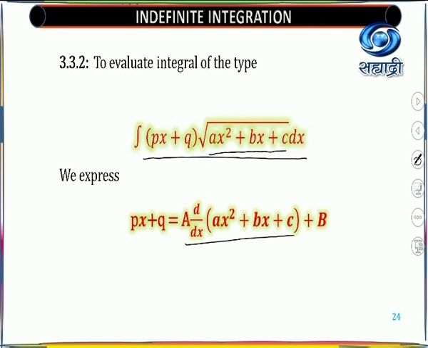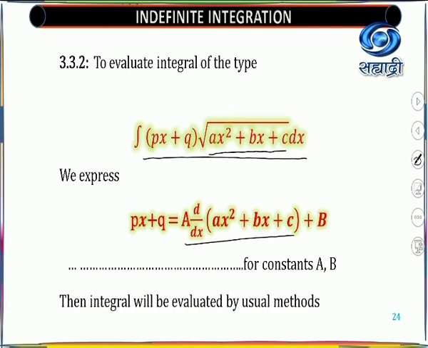This way you are able to express. Then by comparing the coefficients, you will get the values of a and b. Once you have the values of a and b, it is easy to evaluate by the usual methods which we have already learned.